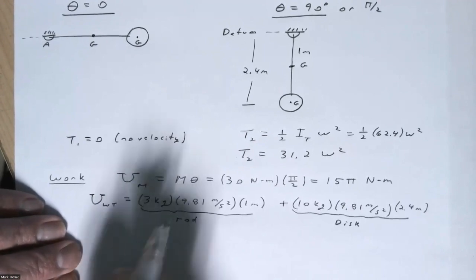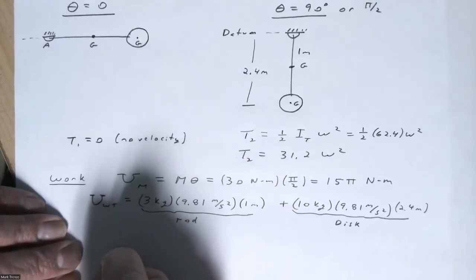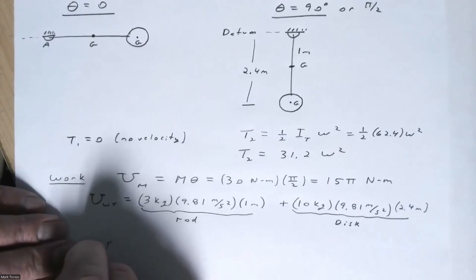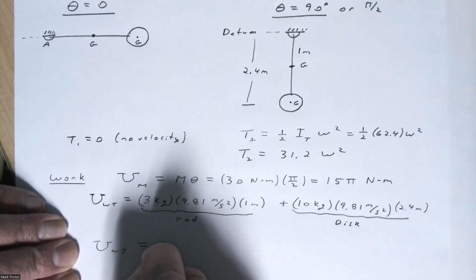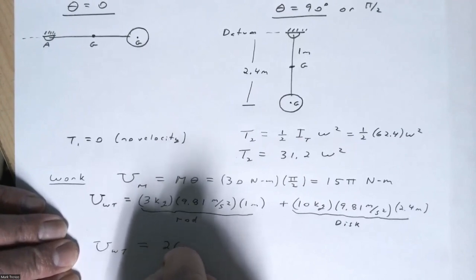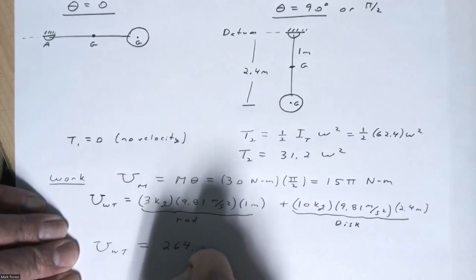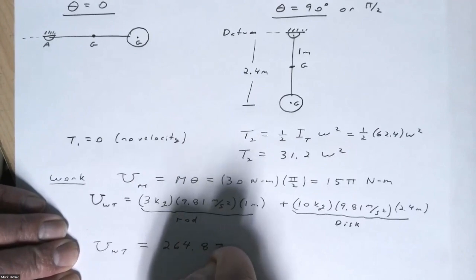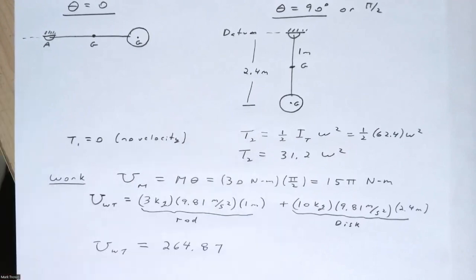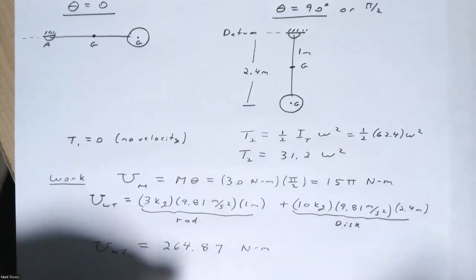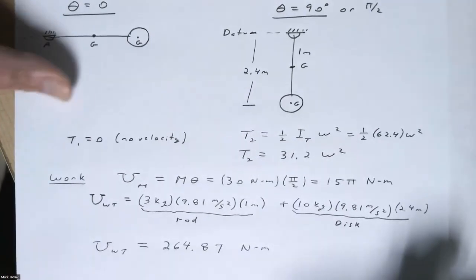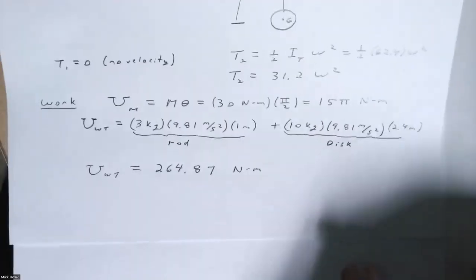When we do this, this all comes out to be 264.87 Newton meters. So now we're ready to use work energy.